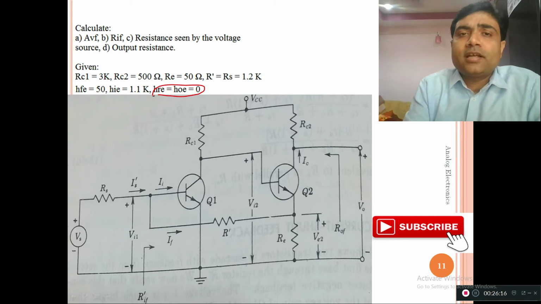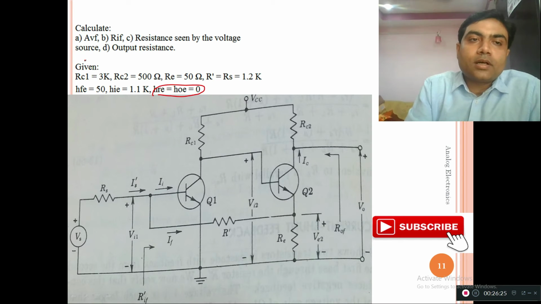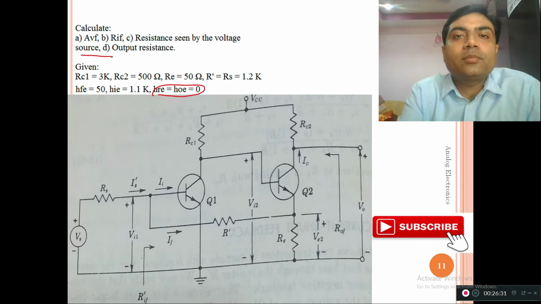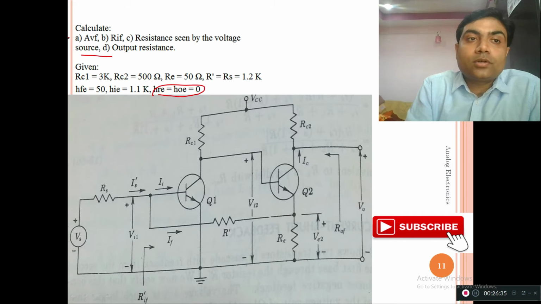Now, as I said in the previous two cases, our first aim is to determine which configuration this circuit belongs to. Just by looking at the question you cannot determine it, because the question might cause confusion in your mind.